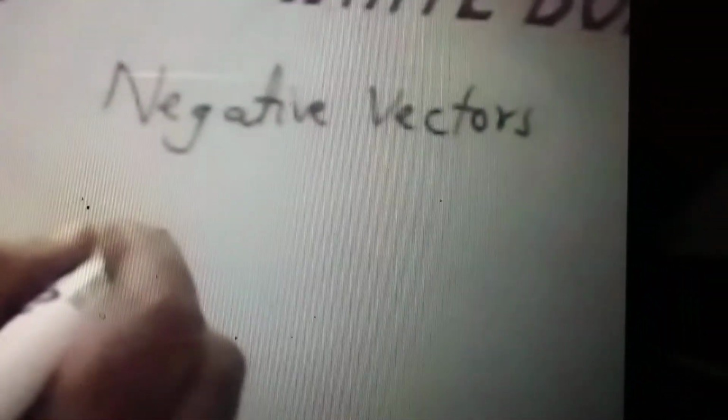Now another very easy concept is negative vectors. Mathematically, negative vectors have the opposite signs; if we change the sign of any vector, it will become its negative vector. And the main thing is the direction. There will be an opposite direction in the case of negative vectors.